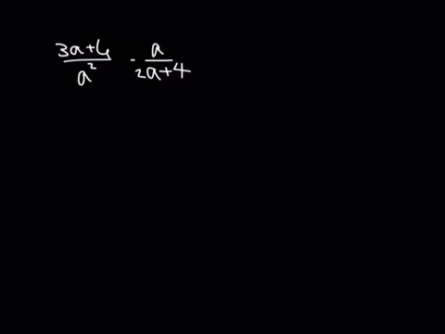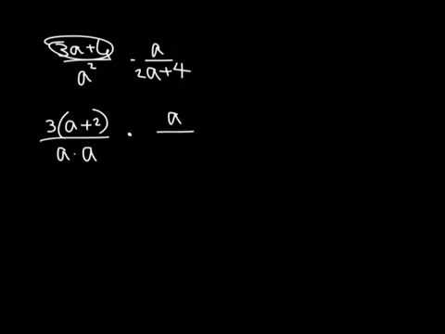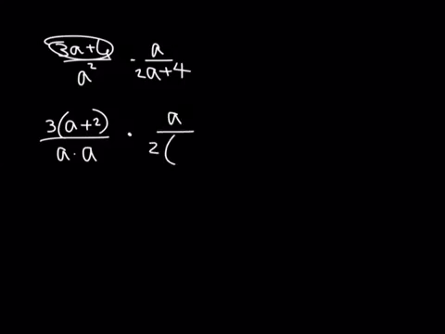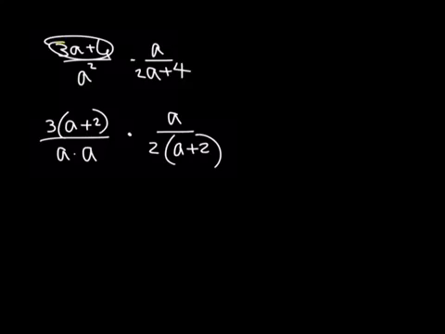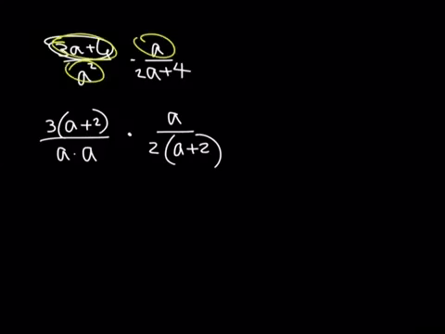Okay, so I'm going to simplify. I'm going to write that as 3 times a plus 2 over a times a times a over, I'm going to take a 2 out of there and get that. So I simplified each of these terms so that I get what I have below it.